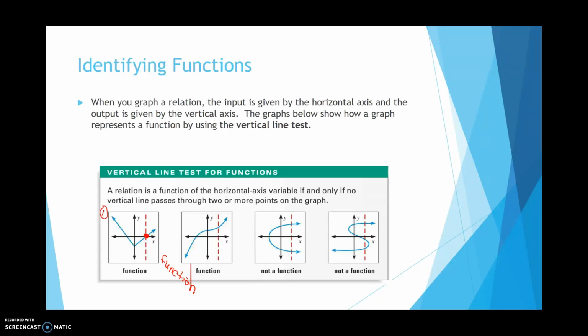The next graph here is also a function because my vertical line test passes that graph only once. Whereas the last two graphs that we have, when we use the vertical line test, it passes through that graph twice. So that is not a function. So that's how you can determine, looking at graphs, if it is a function by using that vertical line test.